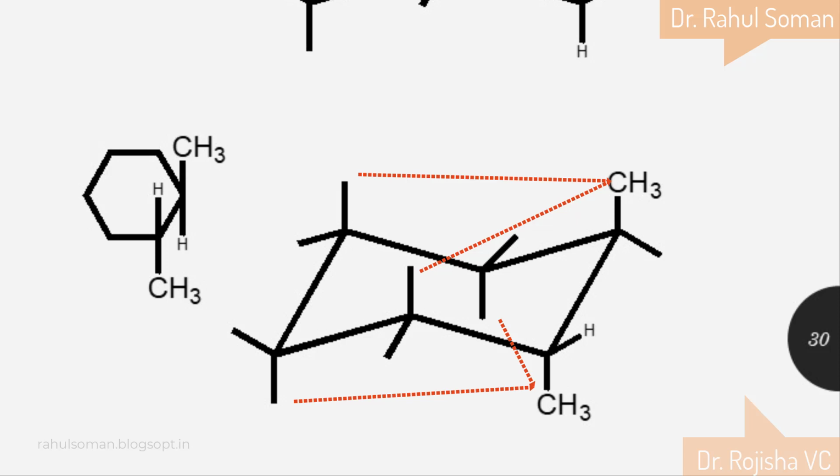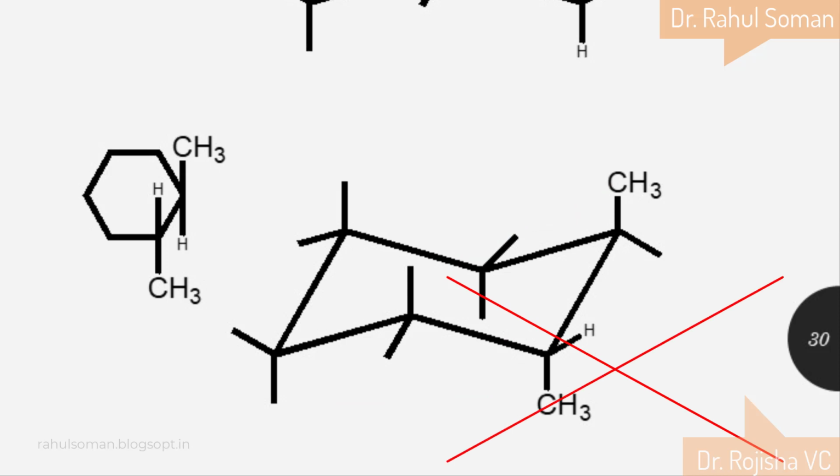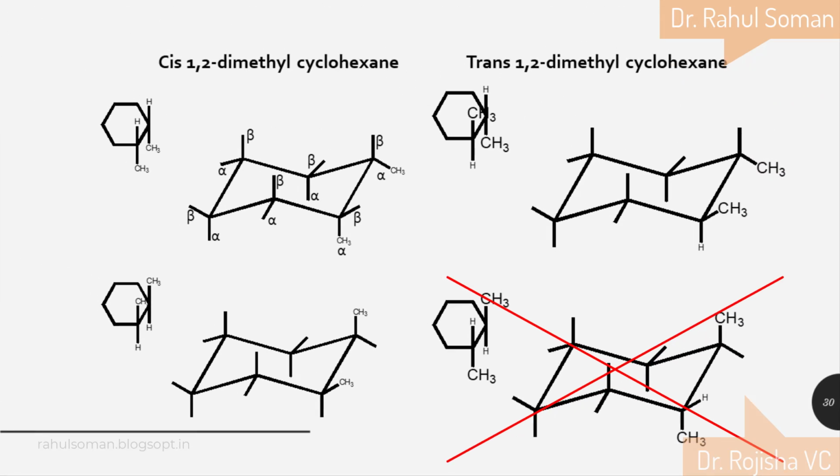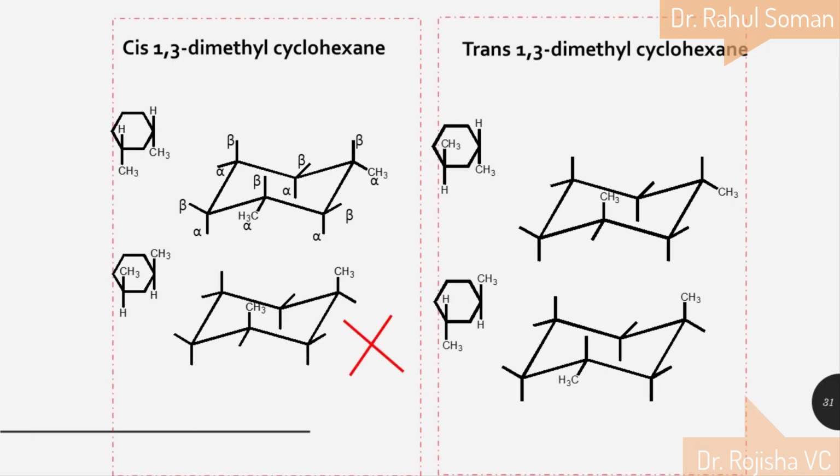So the preferred conformation for 1,2-dimethyl cyclohexane is the trans form with two equatorial positions. You have to keep that in mind. And for cis 1,2-dimethyl, both conformations have the same energy.